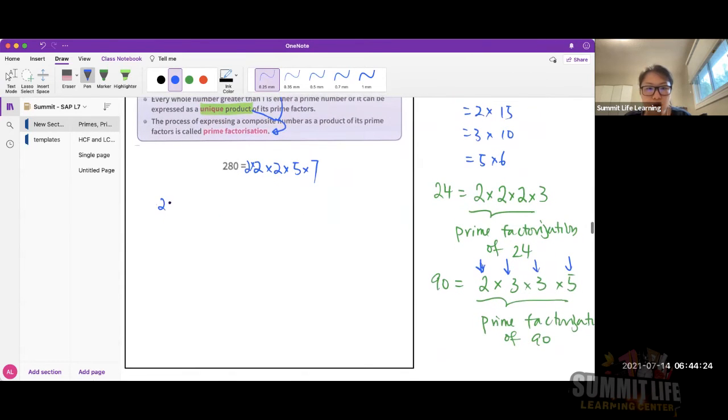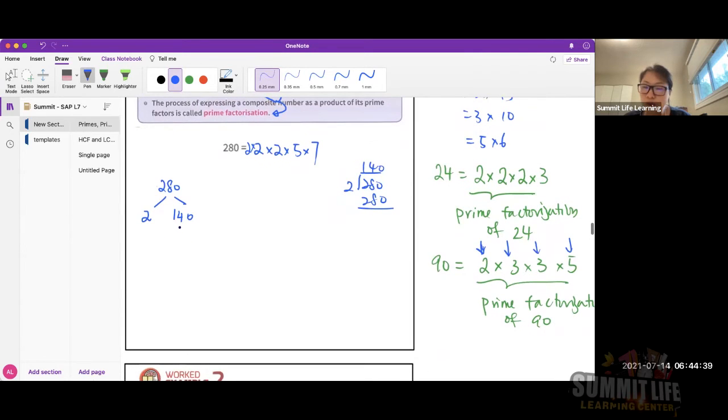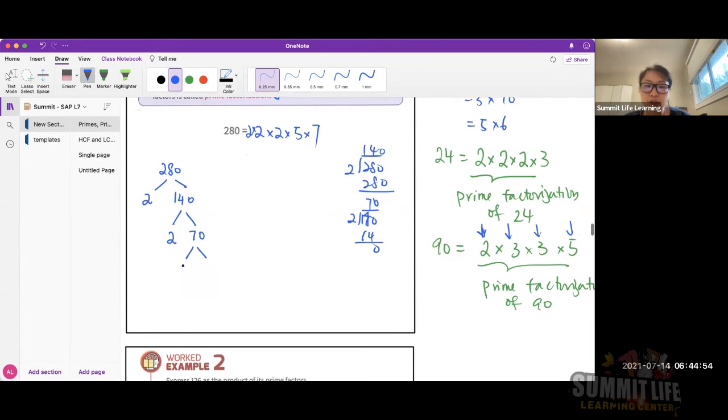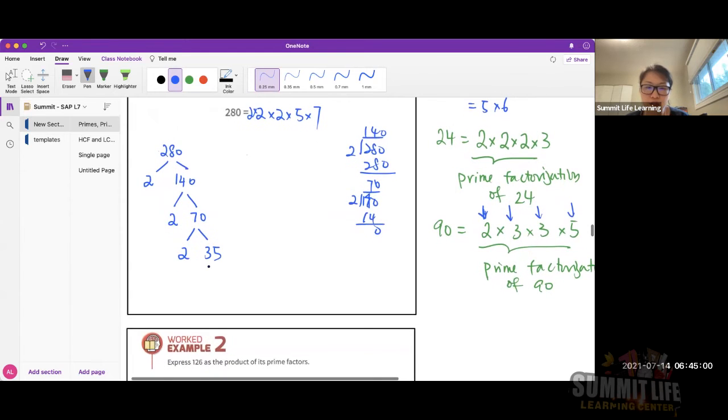We begin with 280, divided by the first prime, 2. You will get a quotient of 140. Then we further divide 140 by 2 to get 70. 70 divided by 2 is 35, half of 70 is 35.